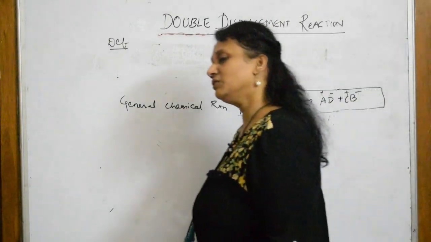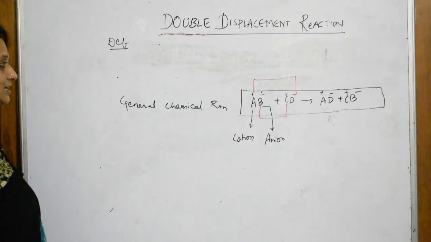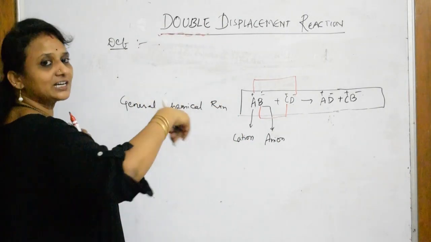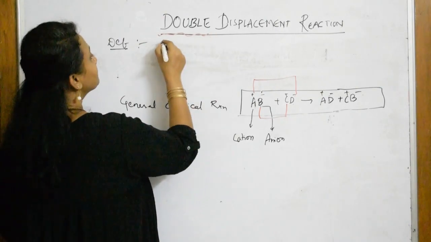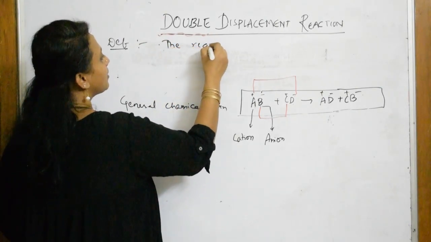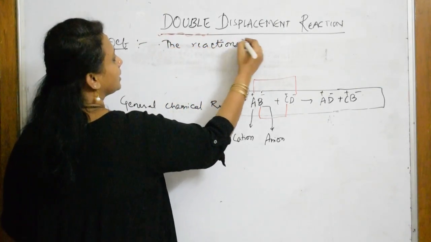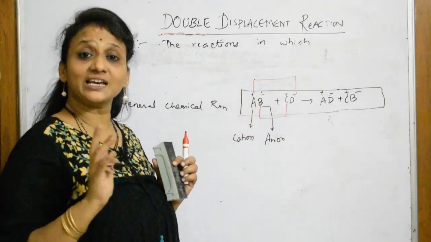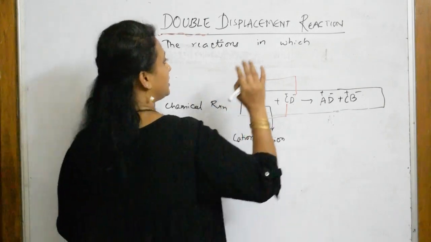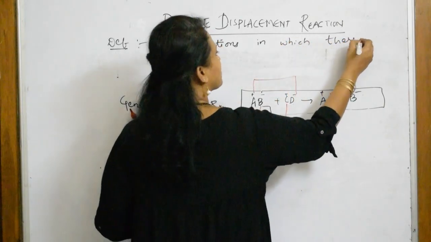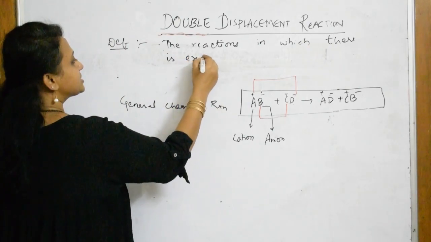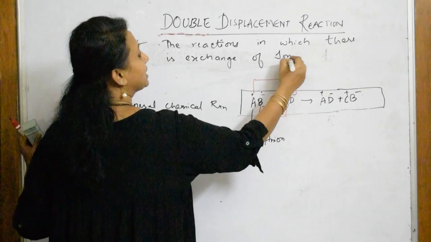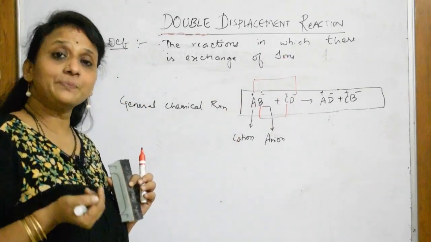Simple. Now, with this, I can write the definition. Double displacement reactions are those reactions in which there is exchange of ions, and what is happening after exchanging?